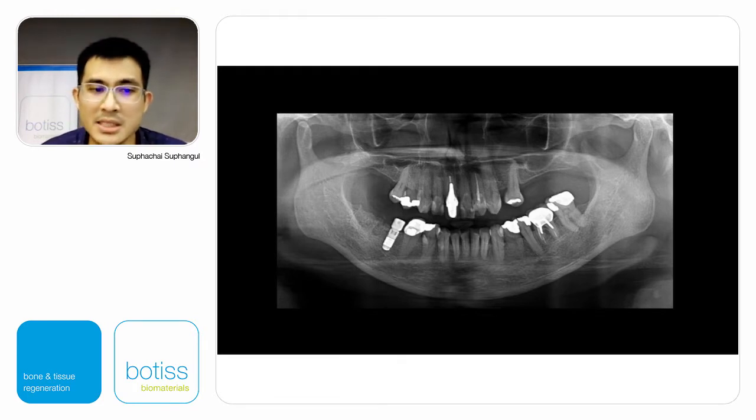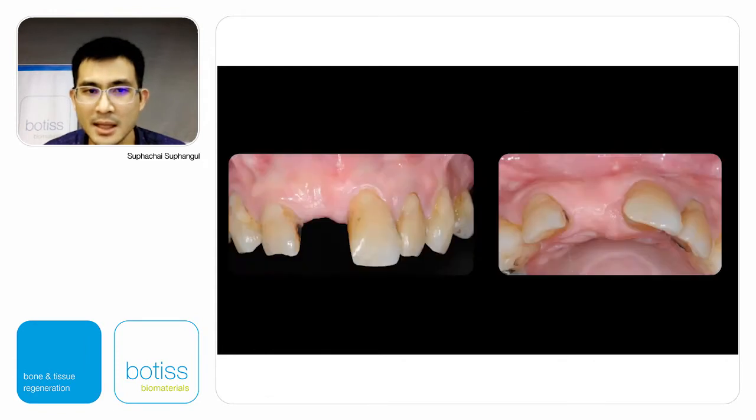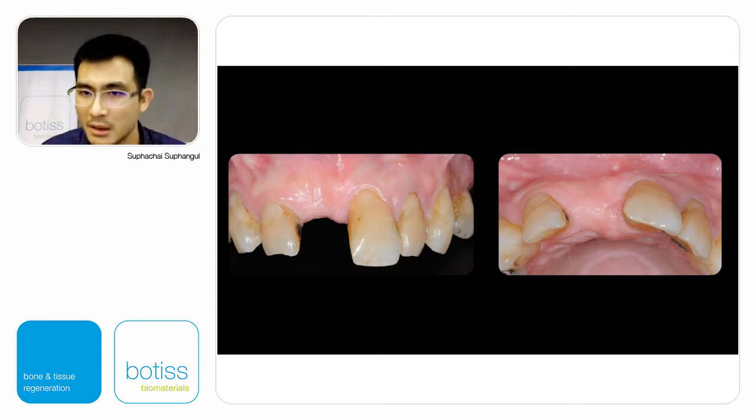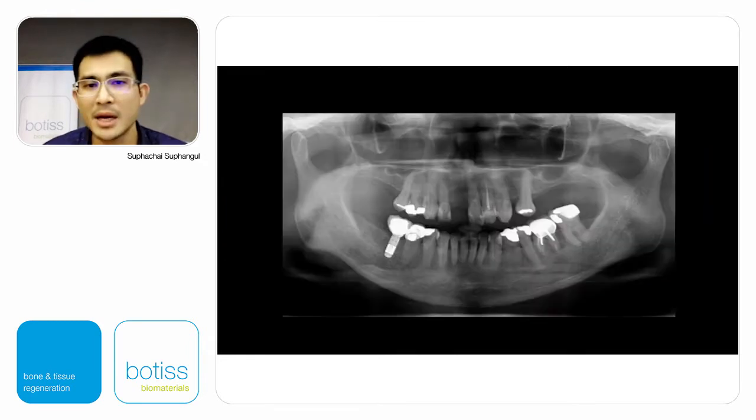The patient lost tooth number 1 six months ago, and then she presented with this clinical picture. It looks very well. In the oral cavity it looks very thick, like there is enough bone support. Even in the panoramic view, it looks very good.